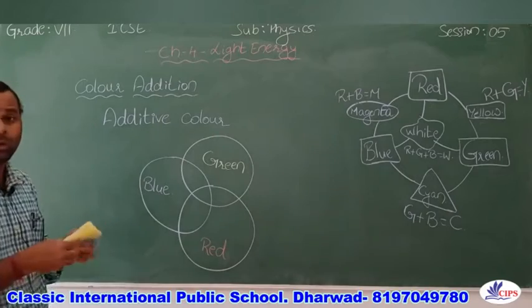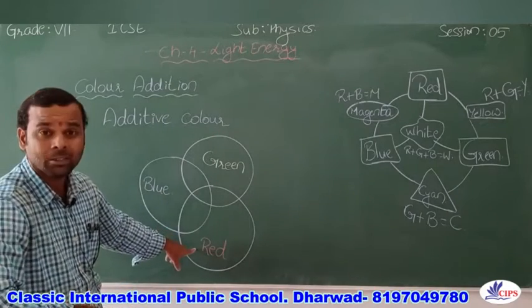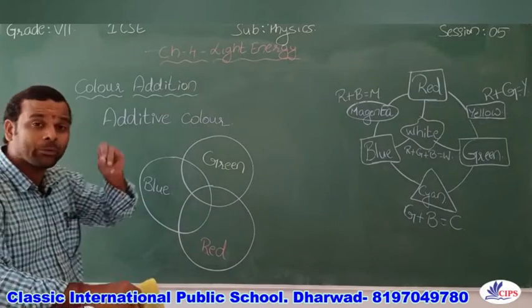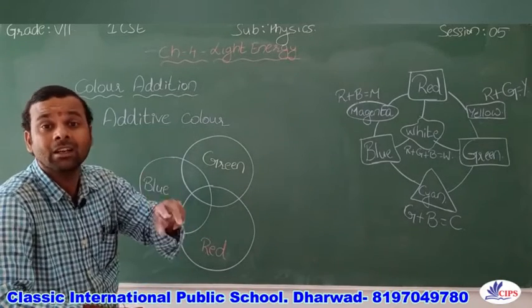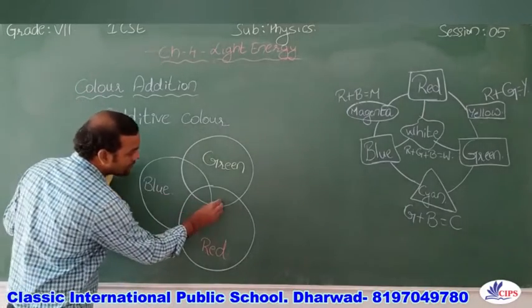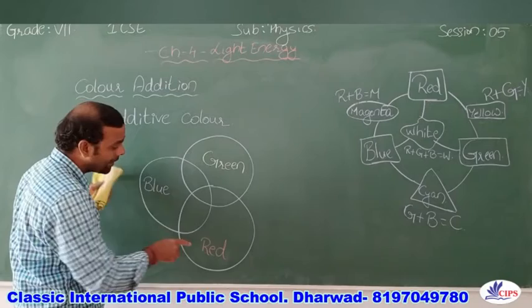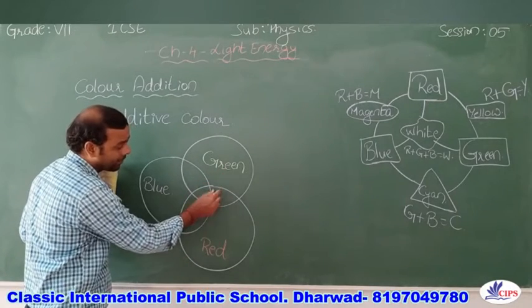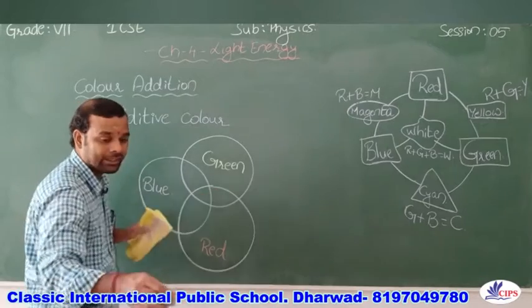Okay, so now we are considering a red spotlight, green spotlight and blue spotlight. When we look at the combination, as you can see, this part is only combined with red and green, fine, isn't it?